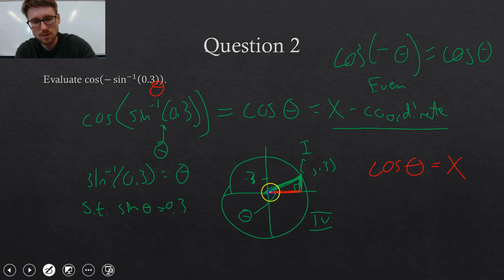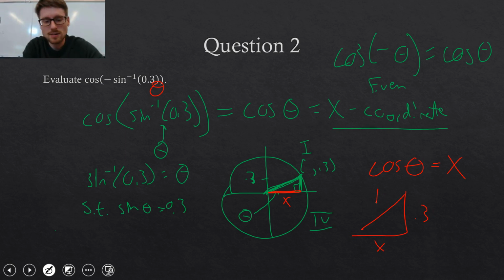That is this side right here, it's equal to that x value. To find this x value, we remember the Pythagorean theorem. We've got x, 0.3, and 1 as the sides of the right triangle.